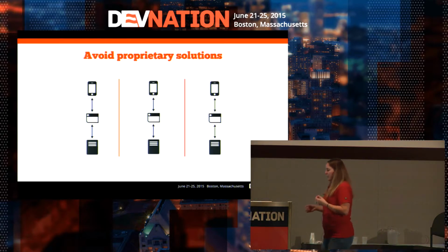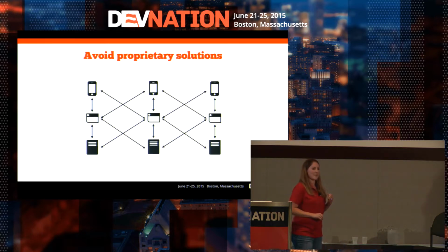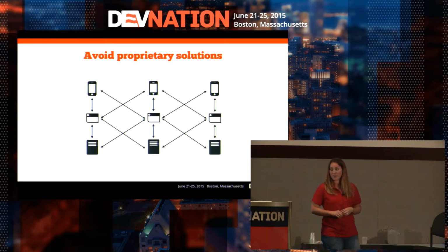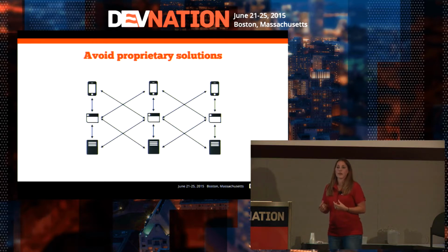So you're not really utilizing the full Internet of Things. You're not really making decisions based on the most amount of information available to you. And so we need to avoid proprietary solutions. We need to move to standards that allow us to communicate across stacks and create better experiences for our users by doing this.